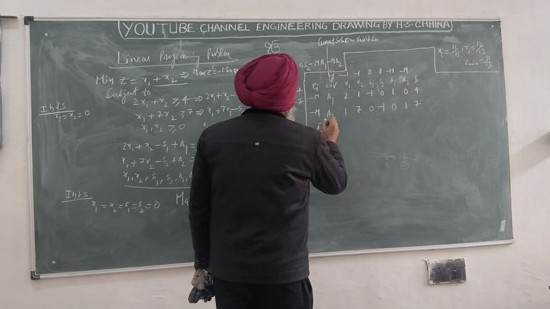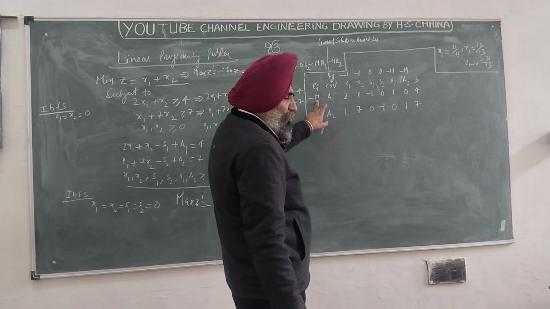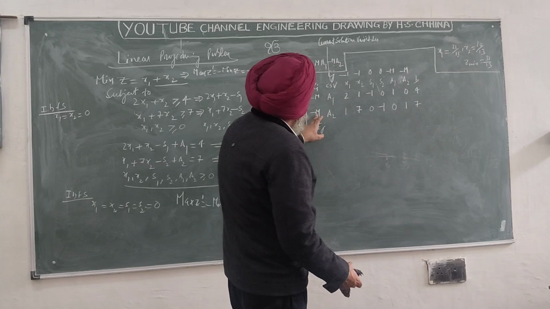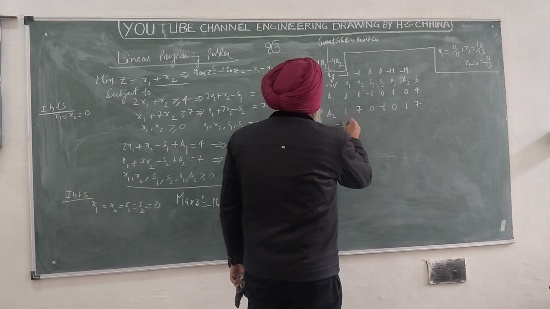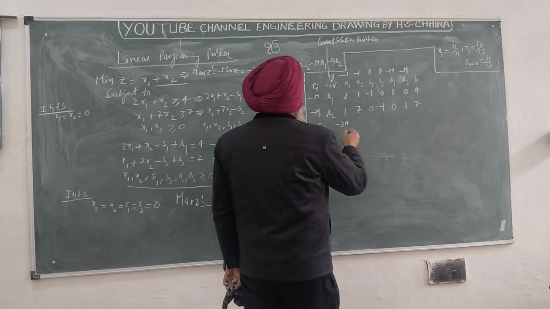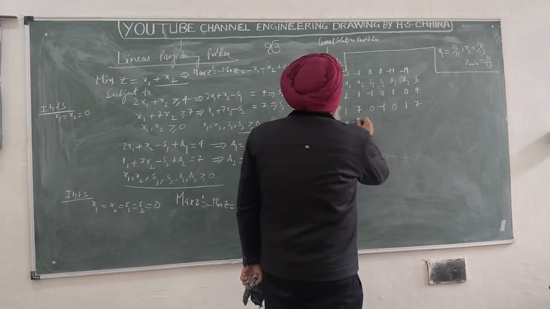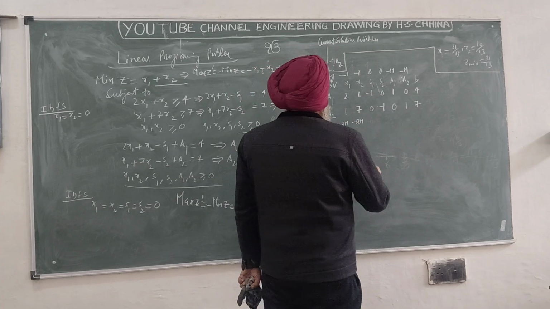What is Zj? If you recall, the coefficient minus M with 2 is minus 2M, minus M with 1 is minus M, and adding it gives minus 3M. Clear? Similarly, do it for the corresponding elements in the rest of the table. So this becomes minus 8M, because minus M and minus 7M added is minus 8M.